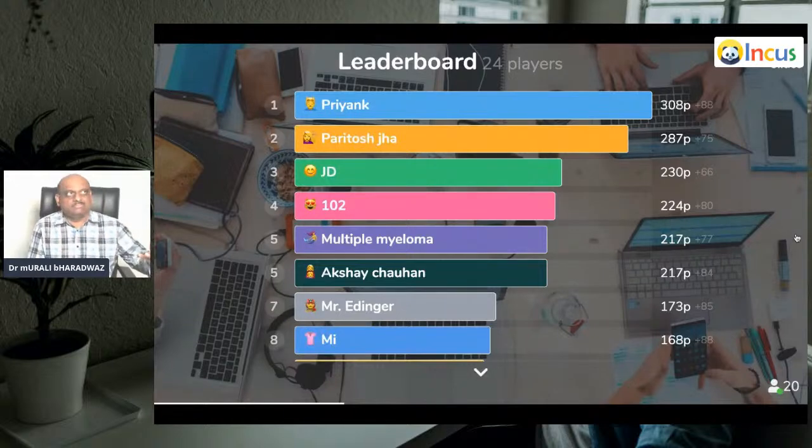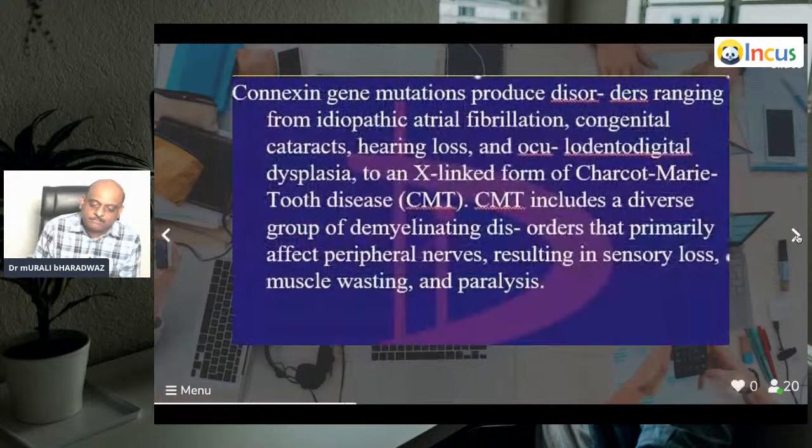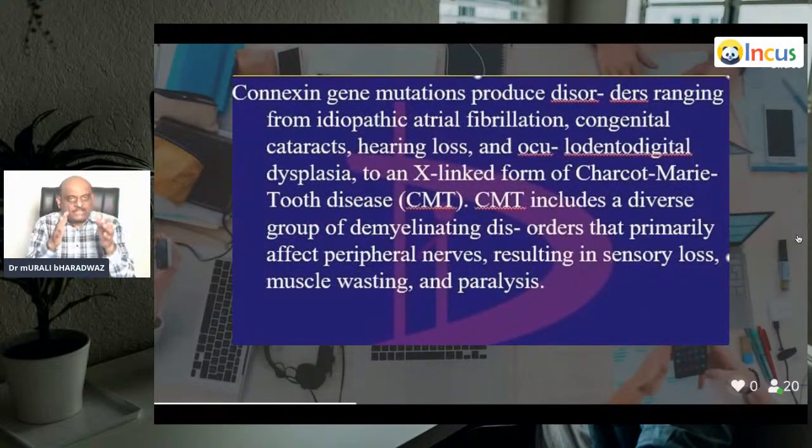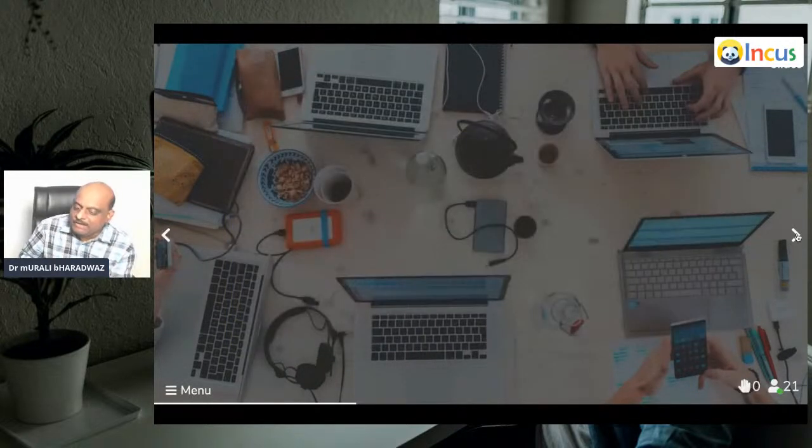So connexin gene mutations cause idiopathic atrial fibrillation, congenital cataract, hearing loss, oculodentodigital dysplasia, X-linked Charcot-Marie-Tooth. In Charcot-Marie-Tooth, it affects the peripheral nerves. It leads to sensory loss, muscle wasting, paralysis. That's what you need to emphatically remember.